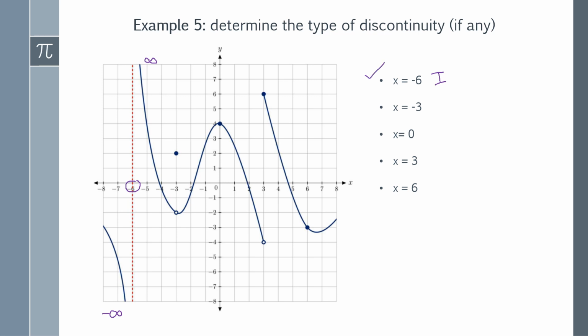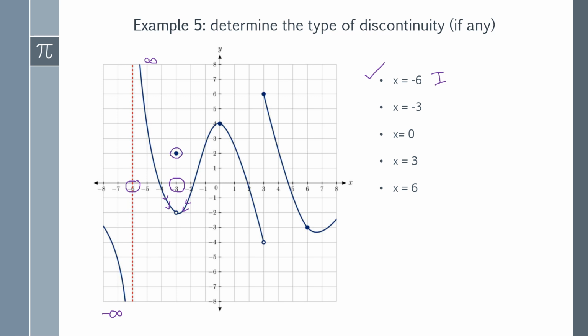Let's take a look at x is equal to -3. So that's this point right here. What do we have? We have the limit does exist, right? So the limit exists because the two one-sided limits are equal. They are equal to -2. However, the value of the function is something different.